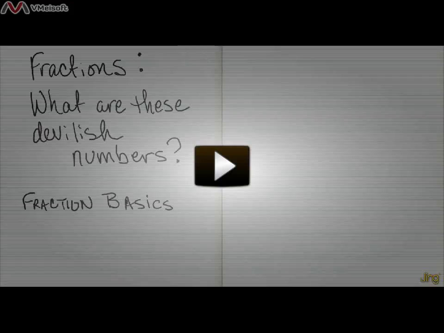Now, another important part of understanding fractions is to understand the two parts of the fraction. There's the numerator, and the word numerator very much sounds like the word enumerate, which means to count. So the top is giving us a count. The bottom is called the denominator, and this sounds very much like the word denomination.